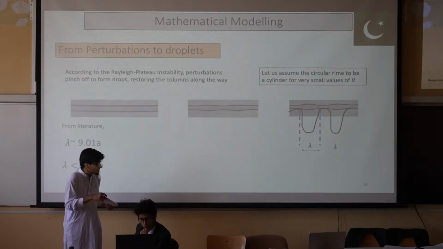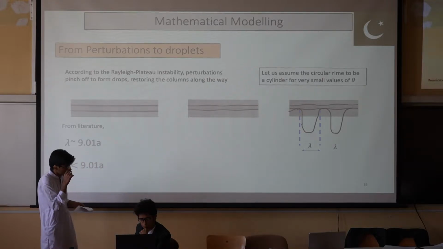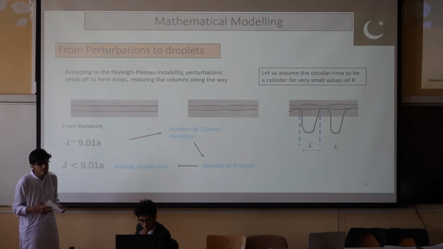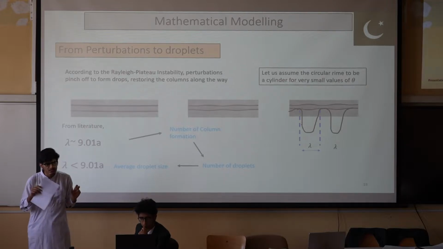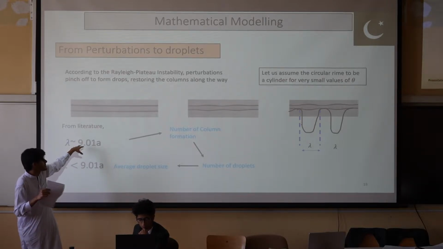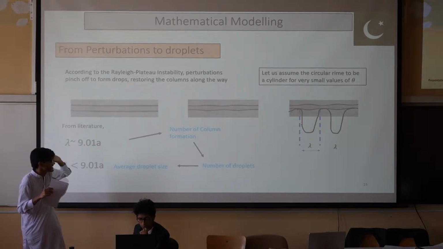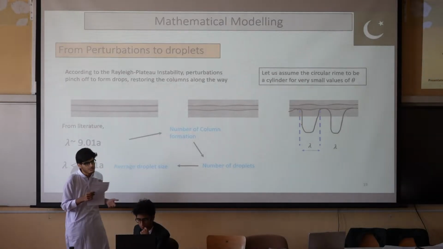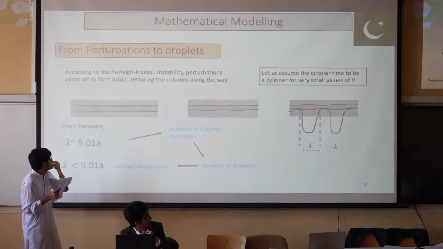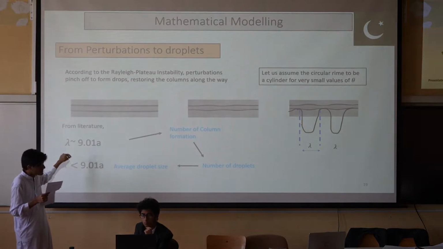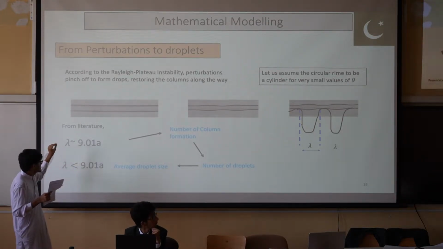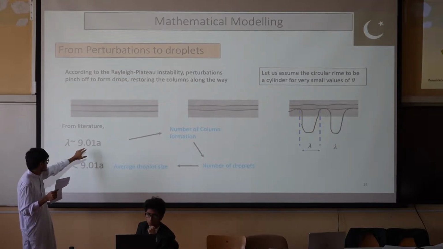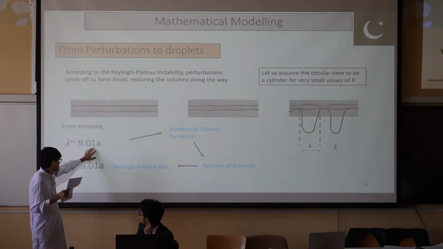Okay, so now the next step is how do those perturbations that form in the so-called cylindrical rim of the mother droplet extend further into these big perturbations, which then themselves break down into smaller droplets. Over here we assume from literature again that the value of lambda is 9.01 times the rim radius.